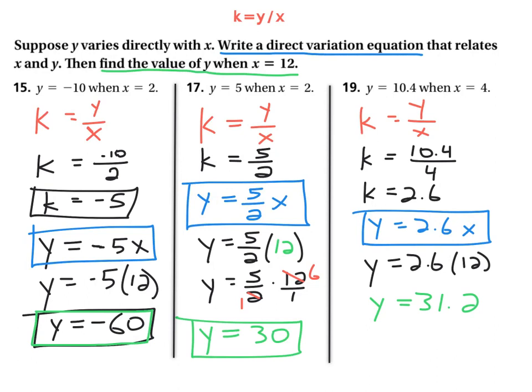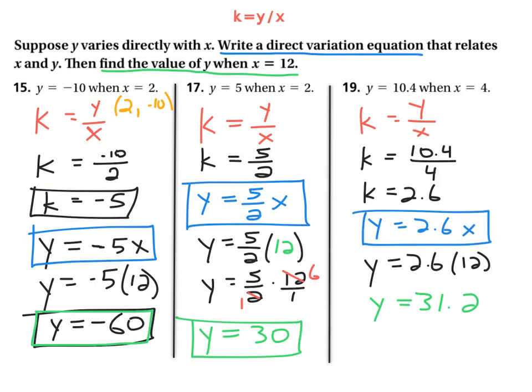31.2. And just to recap, as a fun fact, I'm going to choose another color here to separate it from all of the other stuff that we're doing. We had a point, essentially, if we were going to graph this, here at the top for number 15, 2, comma, negative 10. That's an x and a y value.